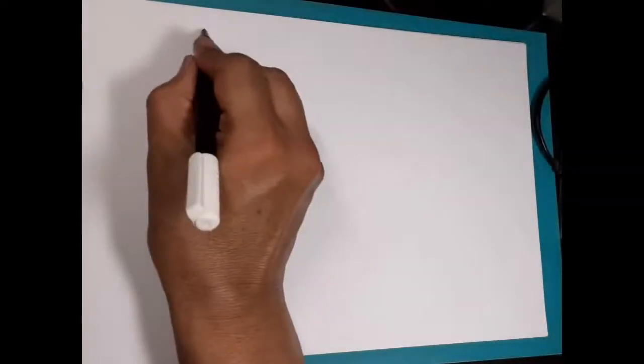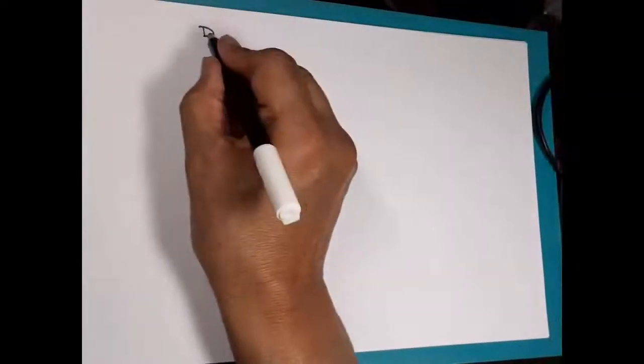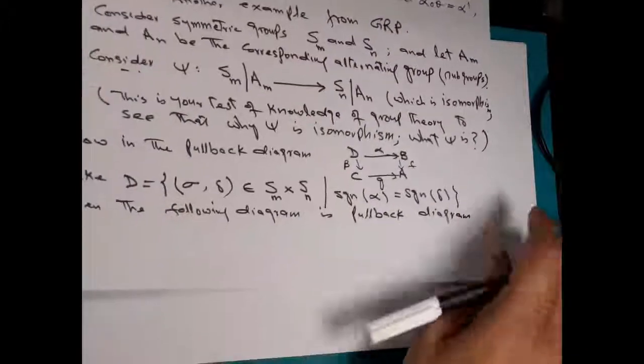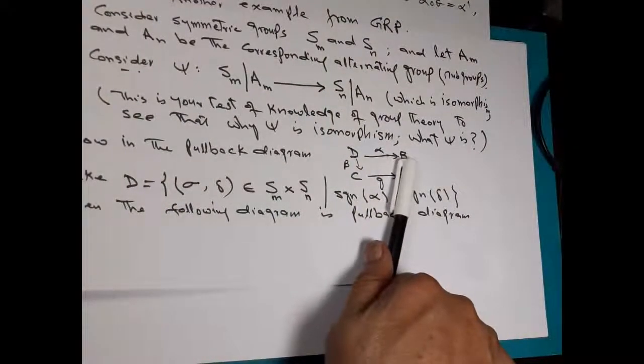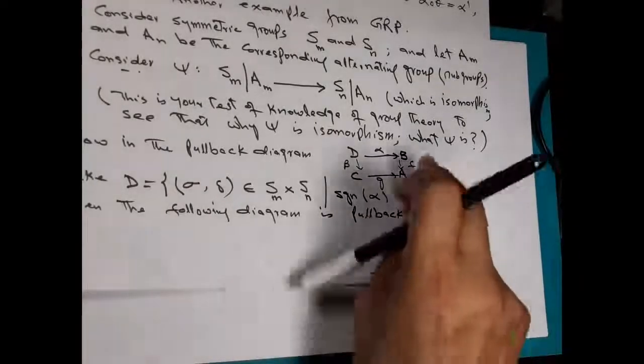So at D, you are going to take that particular object I have defined above, that is, the set of ordered pairs of permutations which have the same value of signum, I mean signum of sigma is equal to signum of delta. So this is D. Then in place of B, we are going to put Sm. At C, we are going to put Sn, and I will tell you what we are going to put at A.